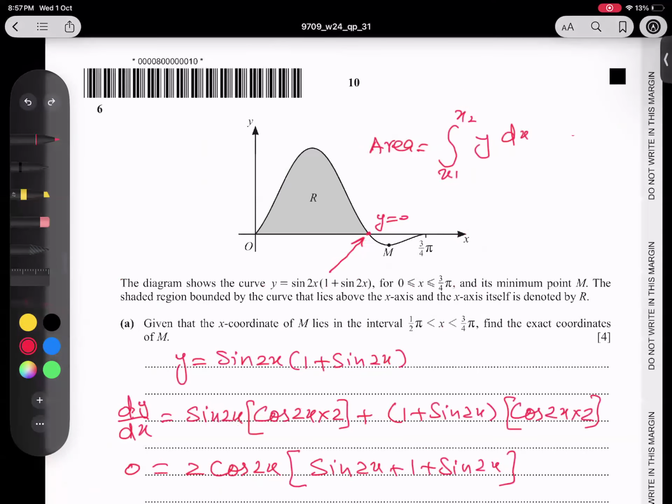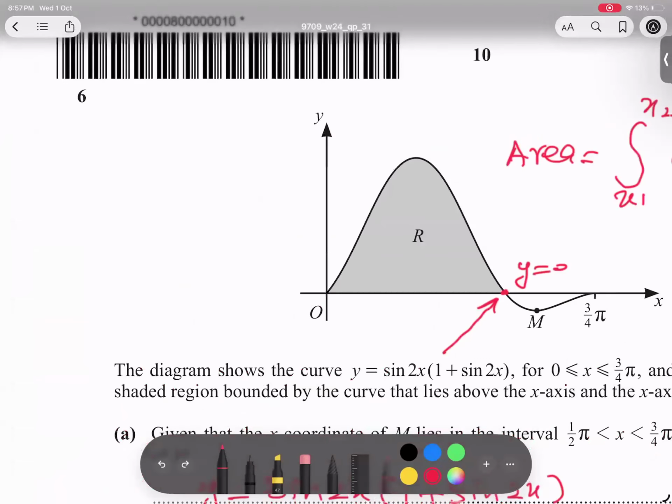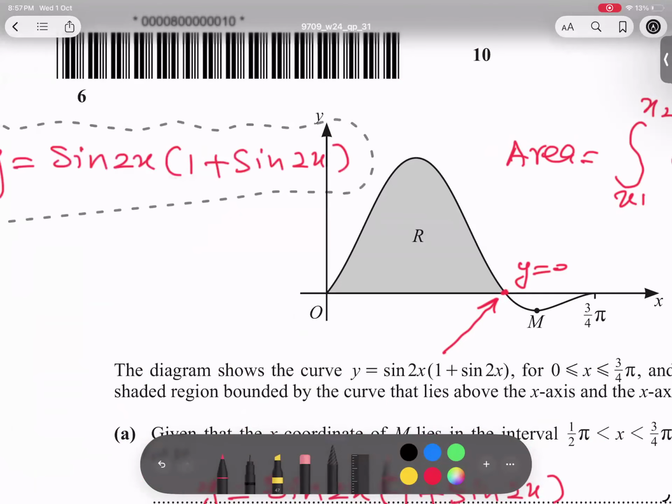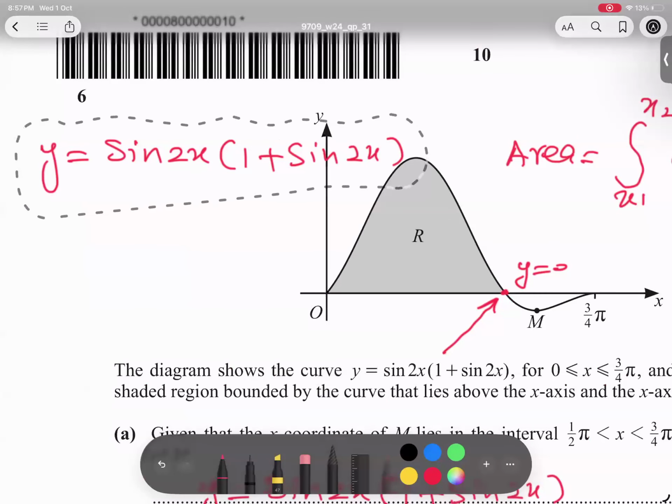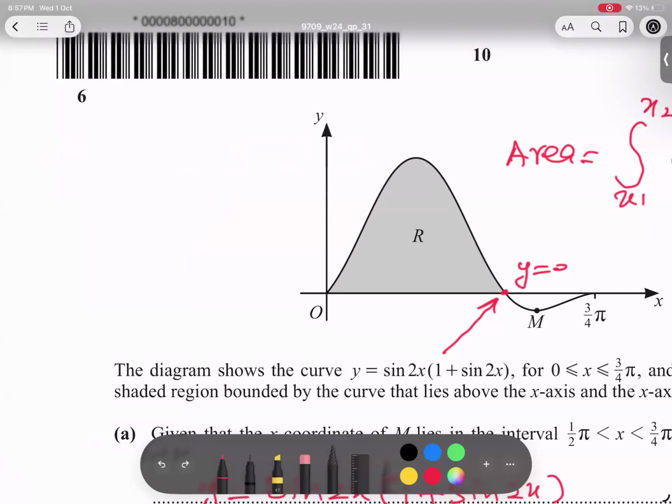So first of all, let's try to put y equal to 0. Again I take this equation, it is too big. So I'm writing 0 is equal to sine double x times 1 plus sine double x.